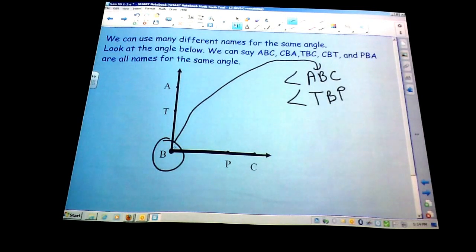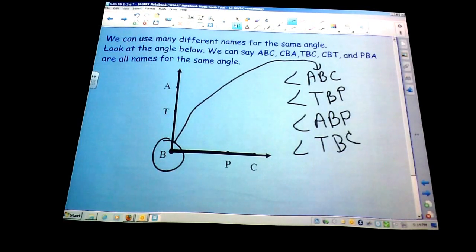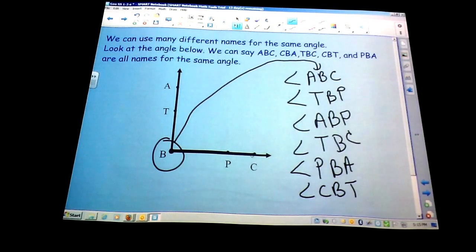We could name it angle ABP. We could name it angle TBC. Or we could go the other direction with it and start naming it by, say, angle PBA or angle CBT. So there are numerous ways from this diagram to name that angle.